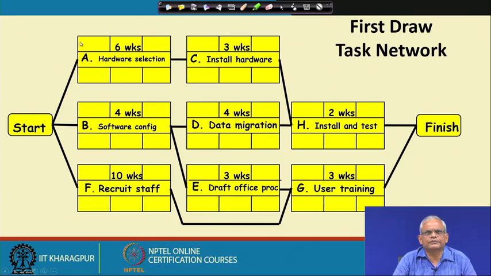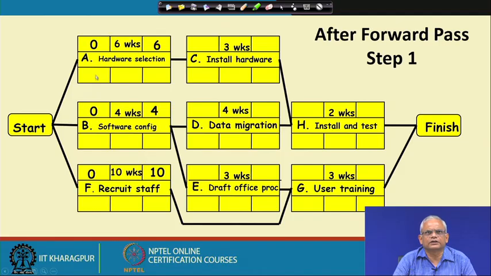The earliest start time is 0, the earliest finish time is 6. Similarly, this earliest start time is 0, that is end of day 0 or start of day 1, and we put 0 here as the earliest start date, because this completes by day 0, and then we add 6 here, put 6 here, 4 here and 10 here.